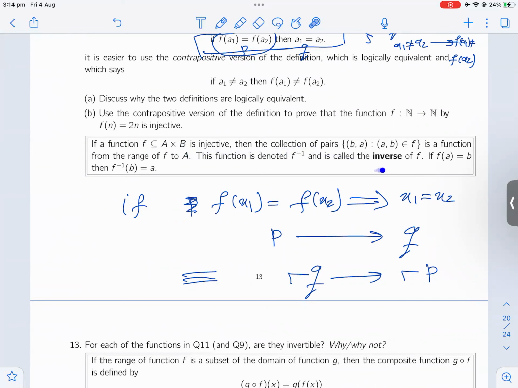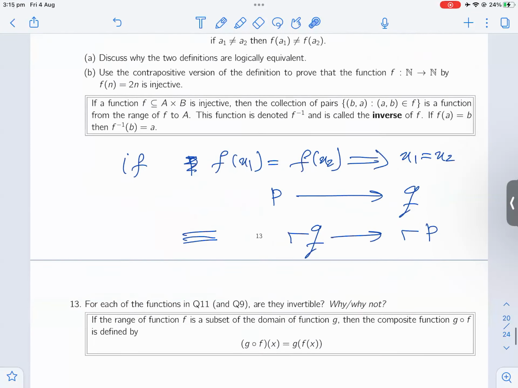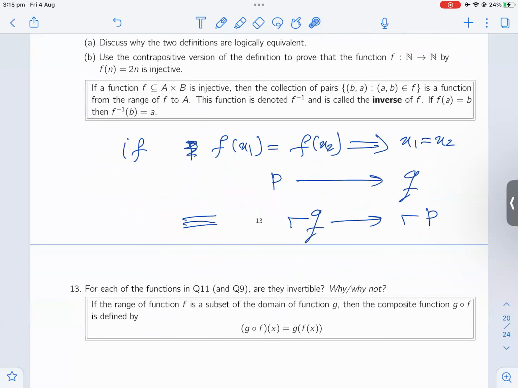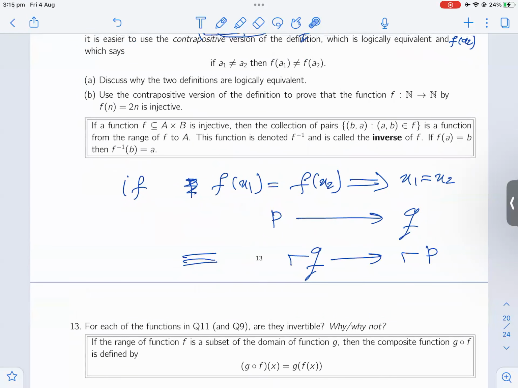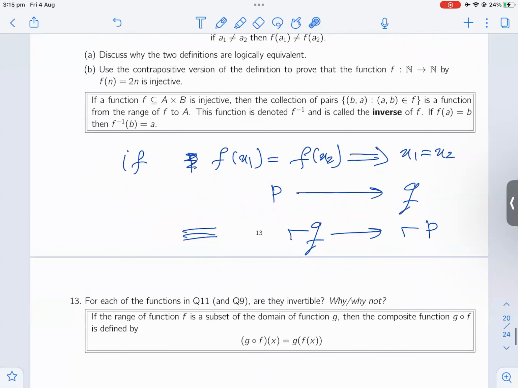Its inverse will also be a function. But if it is just a relation, we can still have the inverse relation, but it might not be a function. Having this in mind, can I write something more? I'm moving fast, which I shouldn't do.